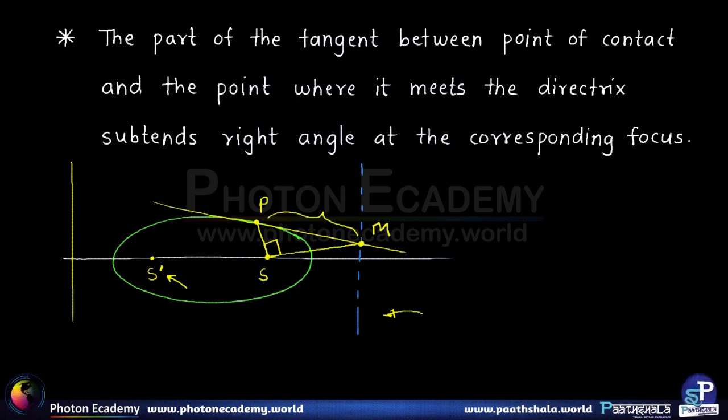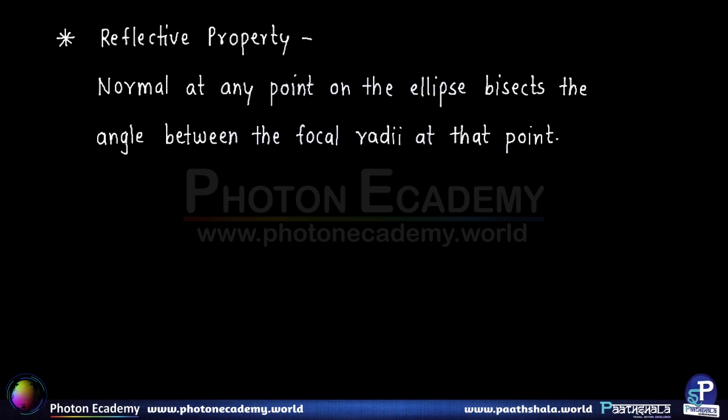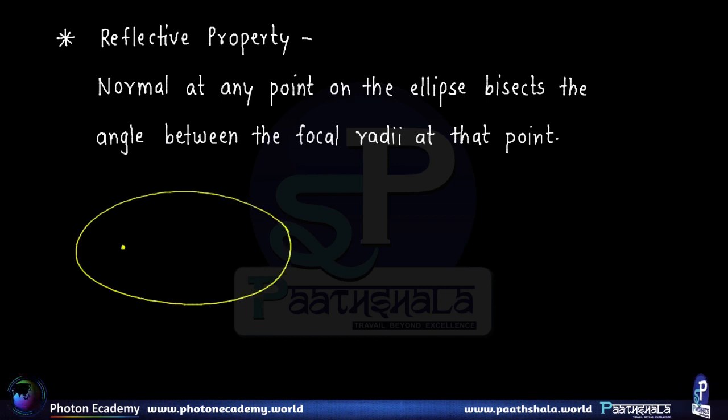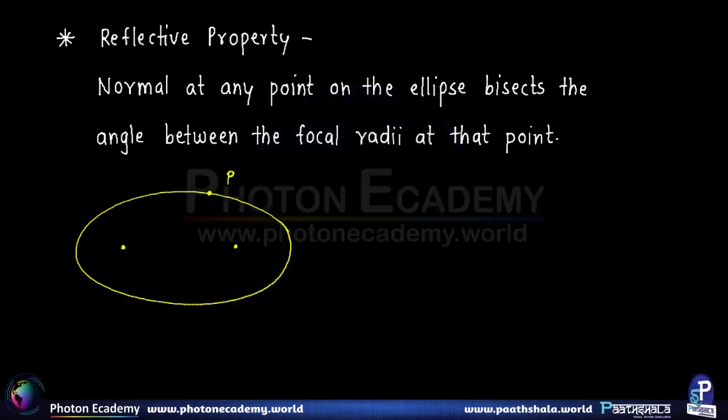Going ahead to the next property. Now this is a reflective property, very interesting. It says that the normal at any point on the ellipse bisects the angle between the focal radii at that point. So suppose that we have an ellipse and 2 foci. Let us consider that at some point P we draw the normal. By normal, you can consider first the tangent and then draw a line perpendicular to it, so that becomes a normal.